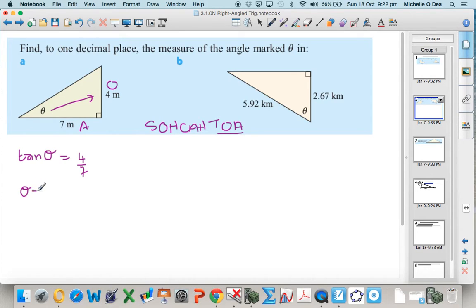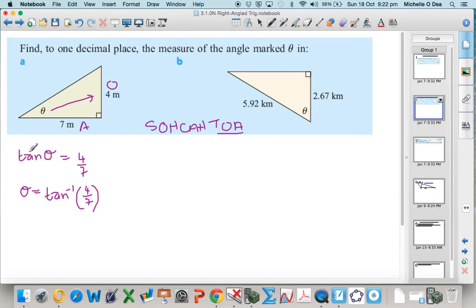So what we do, we have to do the opposite of tan. So the opposite or the inverse of tan is literally inverse tan. Now on your calculator you'll see that above the tan button there is a tan with a little -1, and that's the inverse of tan. It works the same as if we have squared, square root.